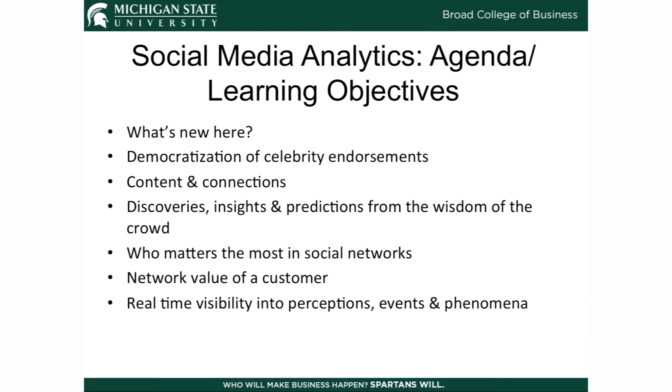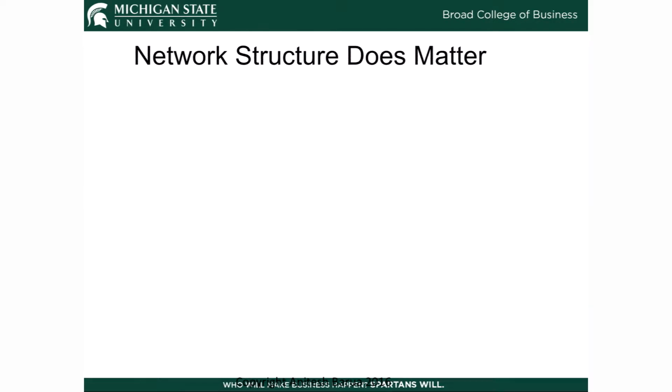So what's really new with social media analytics? I don't need to convince this audience, right? There's this democratization of celebrity endorsement. There are a lot of discoveries, insights, and predictions from the wisdom of the crowd, and who matters. I think many people have already covered those topics earlier today. So network structure obviously does matter.